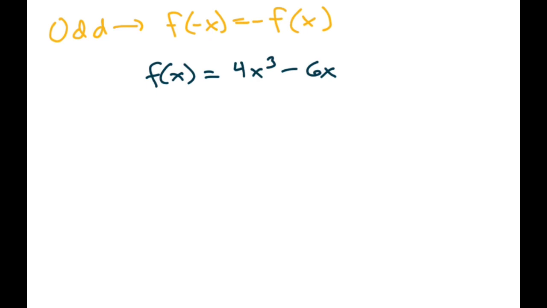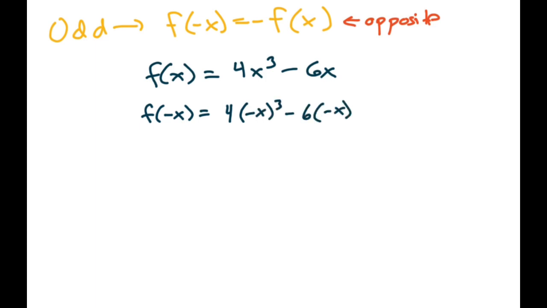Now, when a function is odd, plugging in the -x gives you the exact opposite of what you started with. And so f of -x equals 4(-x) to the 3rd minus 6 times (-x).